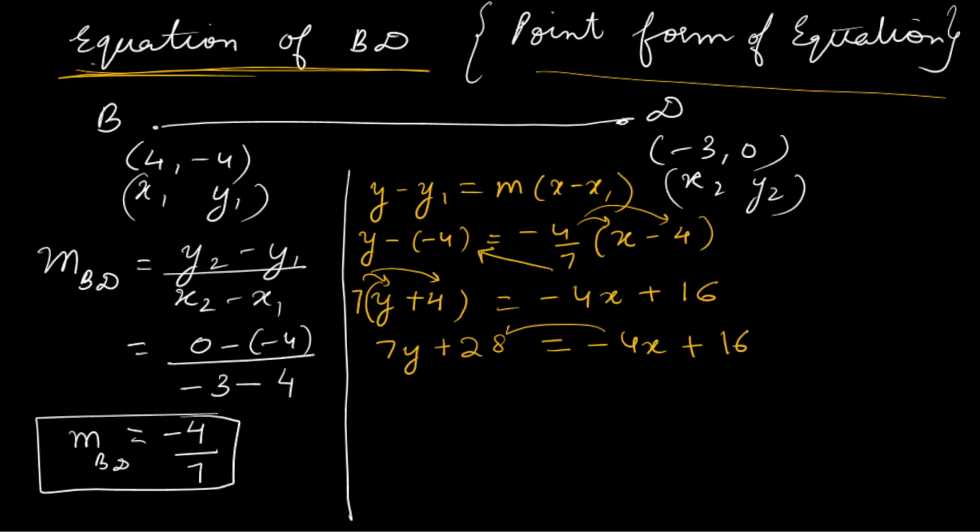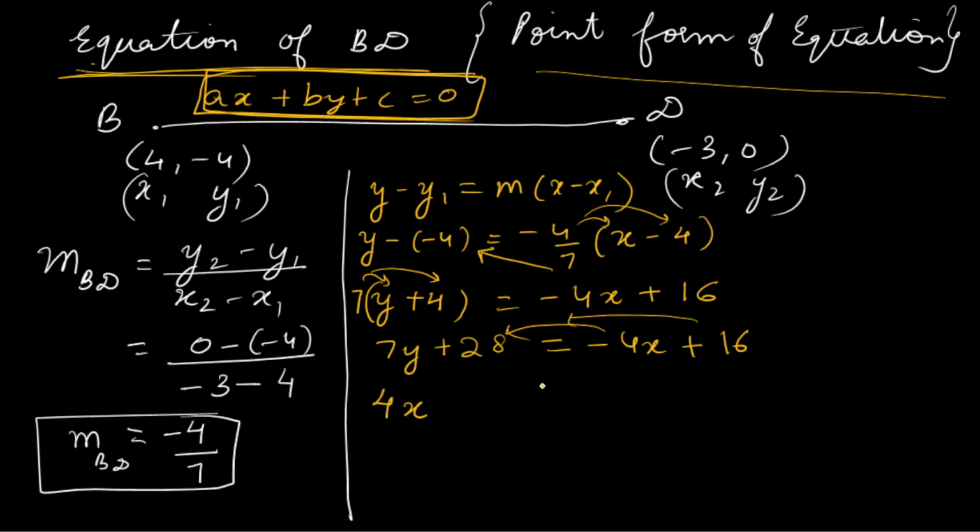So these terms also let's shift to the same side, because the general form of equation is ax plus by plus c equals 0. Whenever you are writing an equation, convert it into this form: x term first, then y term, then constant. So I am just shifting -4x to the other side, it will become plus 4x. Y is already on this side and positive, so it is 4x plus 7y.